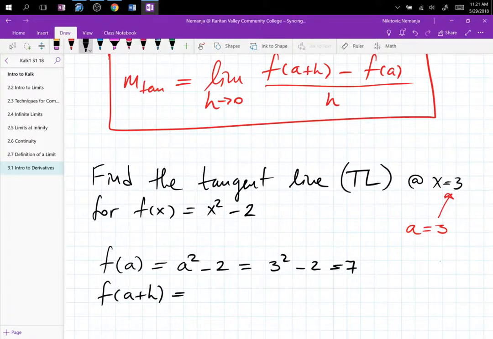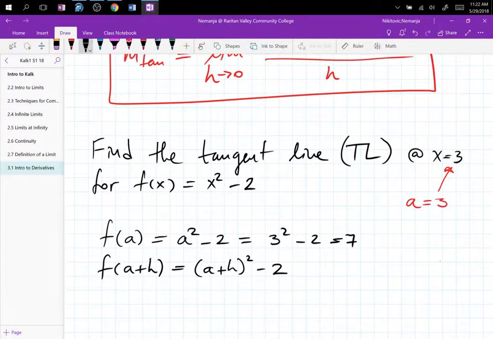Now that is a little bit trickier, but it can be done. As you can see, my x from f of x is replaced by a plus h. So x is replaced by a plus h, and still squared and minus 2.